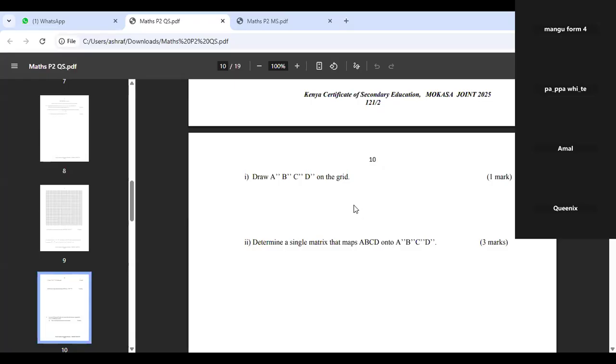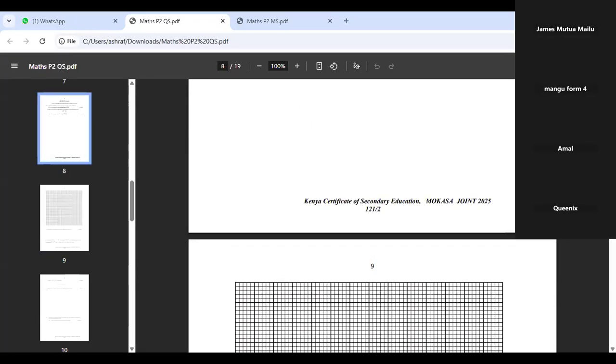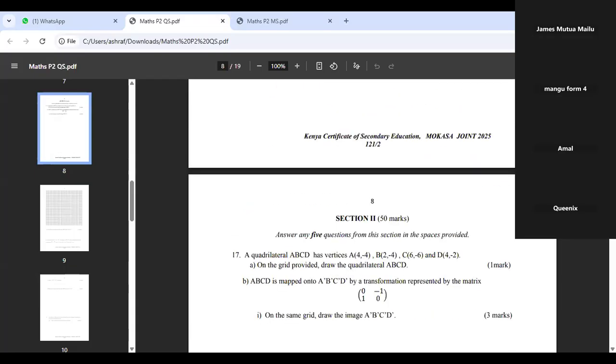So the shorter one, remember we had first of all transformed A, B, C, D into A prime, B prime, C prime, D prime. And you were given the matrix of transformation. The matrix was, let me just scroll up. Just a minute, James. We were given the matrix was 0, -1, 1, 0. That is the matrix that transforms the object onto the first image. Then you also have the matrix that transforms the first image onto the second image.